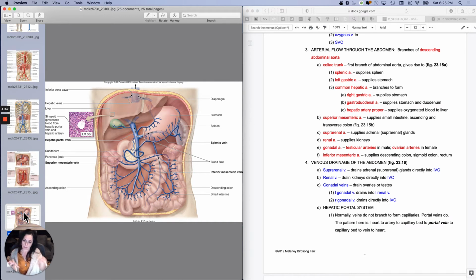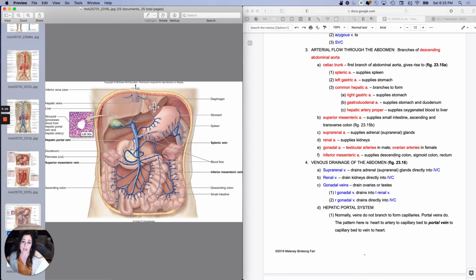So you put two capillary beds in series, and then those go venules, veins, heart. This is called the hepatic portal system. The hepatic portal system gathers all of the blood up from the intestines and a couple of other organs, and then sends it through the liver from the bottom to the top before it goes back into circulation.